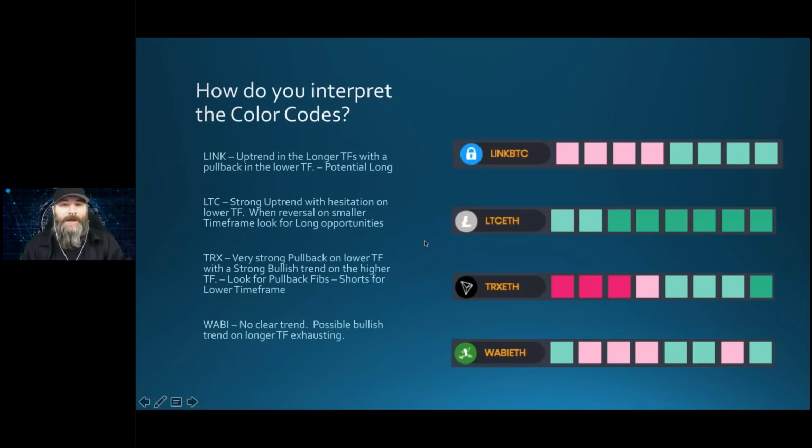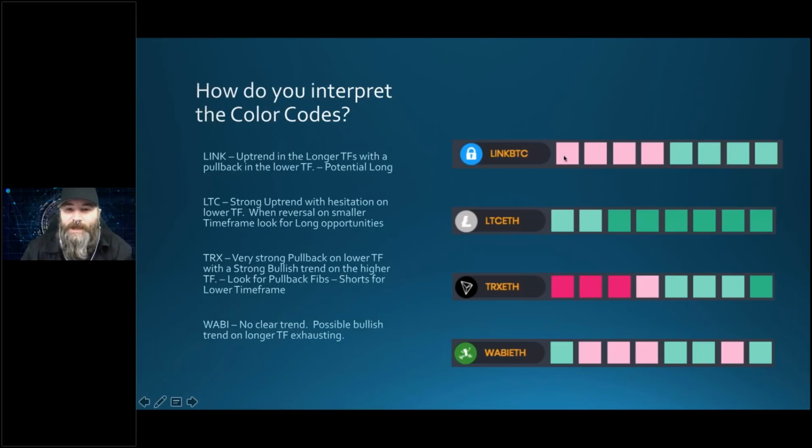Now, how do you interpret the color codes? Well, this is one of the great things about having a community of people that are using it. You're going to find situations like this right here, which I personally call a 4x4 light. That's just me. We're going to come up with names for everything throughout the community, so don't worry about it.